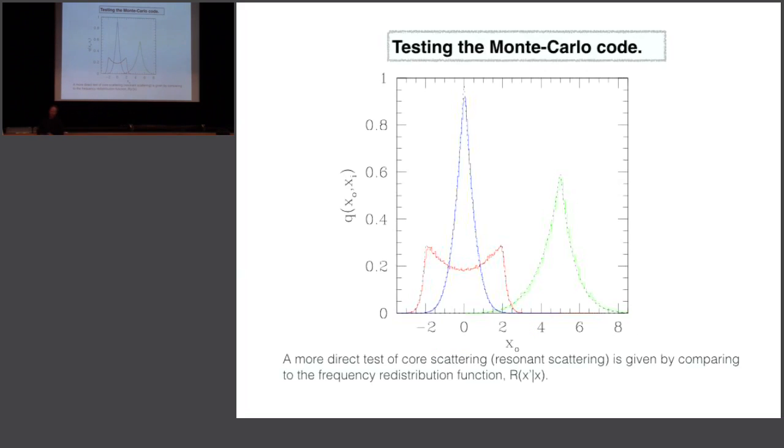So what you would like to do too, as I mentioned, is this: once you generate a new outgoing direction of your photon, once you've generated the velocities of the atoms, you basically get the outgoing frequency for free. So it would be interesting to check the analytic expressions for the redistribution functions R, here it's Q, but it's what I called R before, and compare these to the ones that you get from the Monte Carlo.